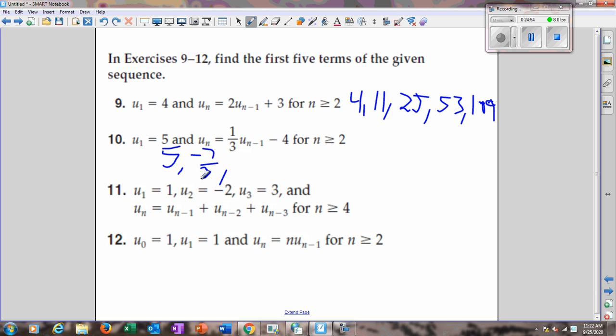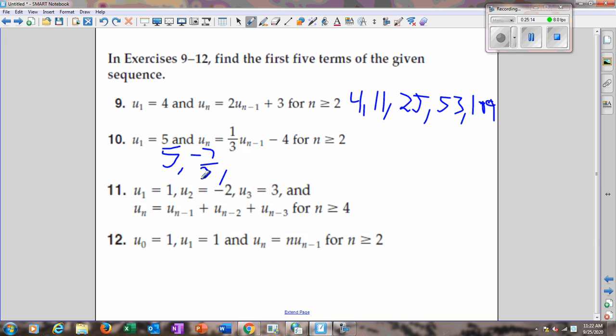My next one would be to multiply that by 1/3. So it's going to give me negative 7/9. And then minus 4, which is negative 43/9.